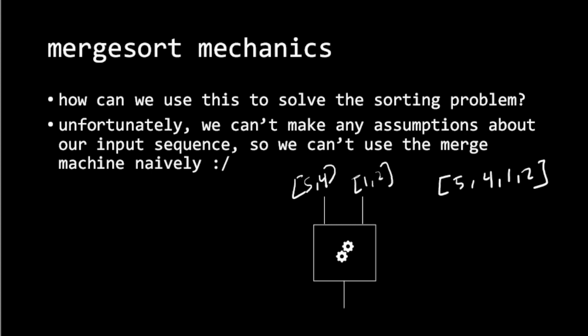This doesn't work every time because this is not sorted. It could work sometimes, if we had an already sorted sequence and split it in half, but we can't make any assumptions about the input. So we need a general way of solving this problem, of intelligently iterating through this sequence so that we can use this merge machine, thinking in the head of von Neumann here.